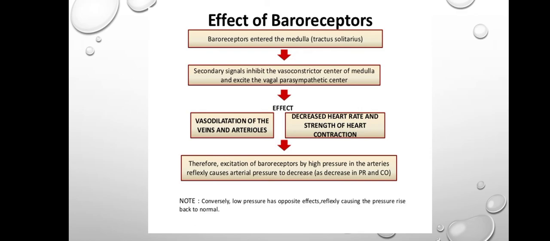The end result will be a decrease in blood pressure. Therefore, excitation of baroreceptors by high pressure in the arteries reflexively causes arterial pressure to decrease, through decrease in peripheral resistance and cardiac output. So basically that's that.